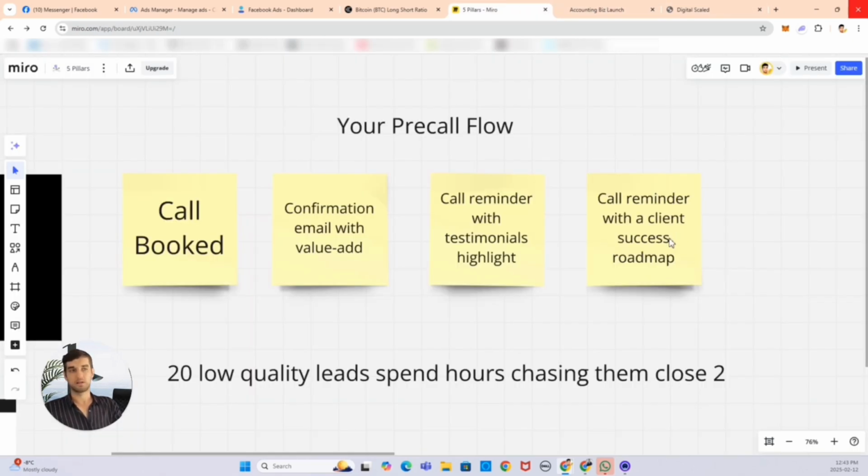The last call reminder that comes up, maybe the day of, a couple hours before, should have some sort of client success roadmap. If you're a coach or a creator or something like that, outline exactly what it looks like to work with you, before they even hop on the call with you. It shows that you know what you're talking about, you're serious about your business, and clearly it's going to be a good experience working with you. They're already sold by the time they hop on the call.